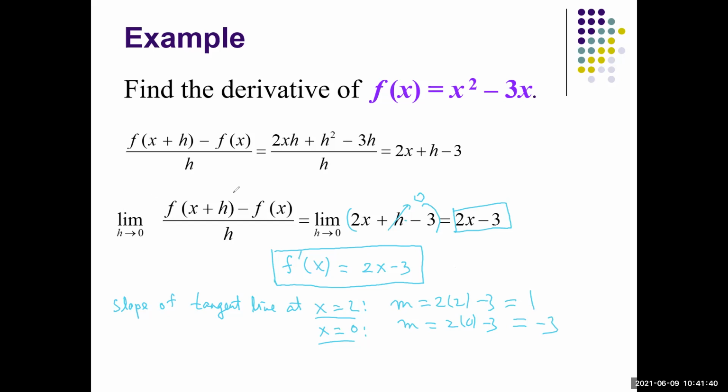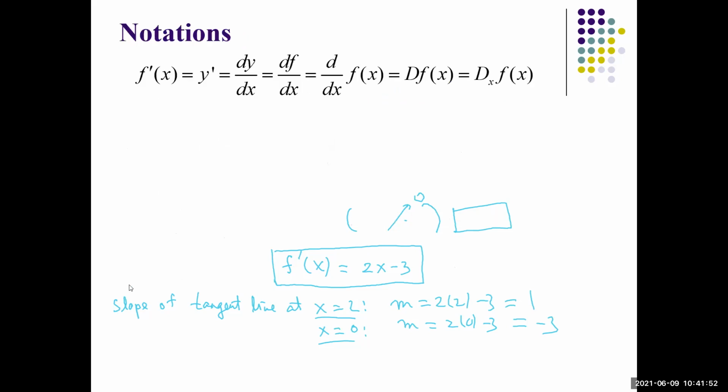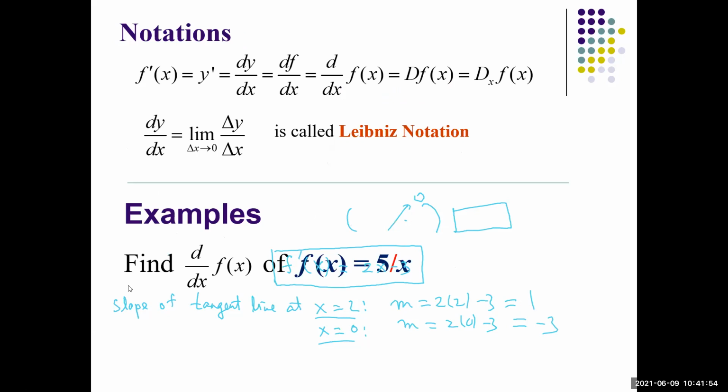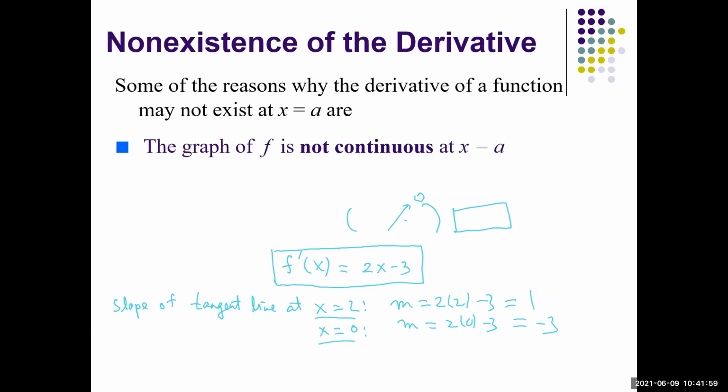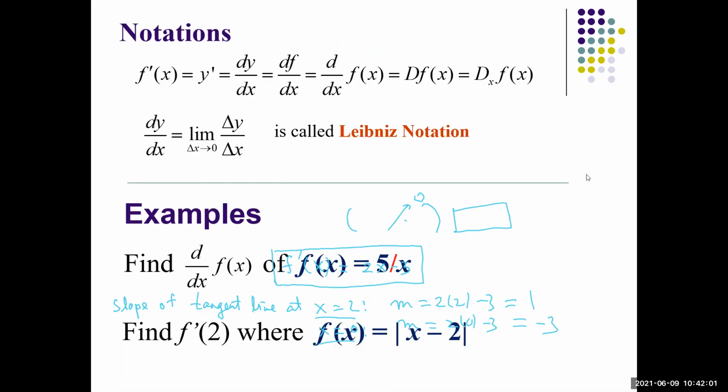Again, this is called the limit process. You're using the four-step limit process to find the derivative of functions. The rest of the things that you read are not so important. So I'm going to stop right here.